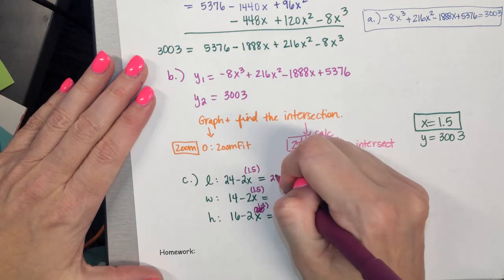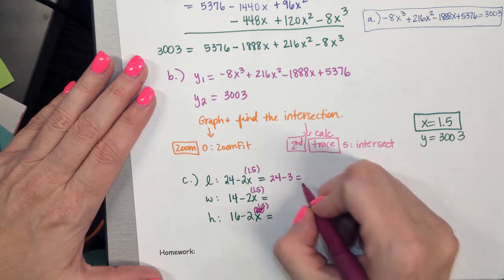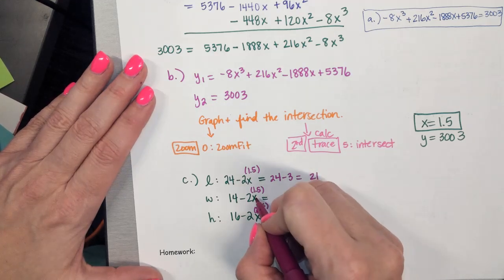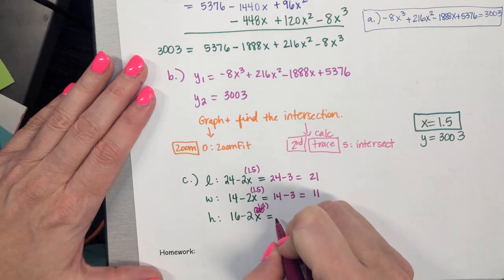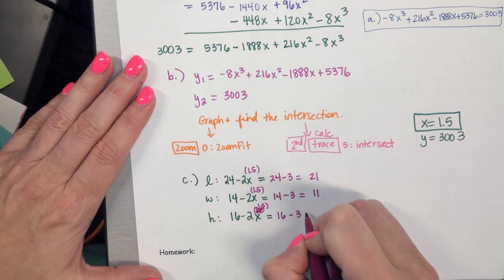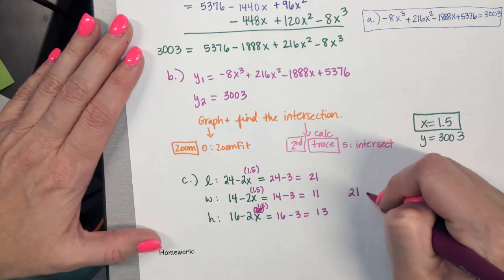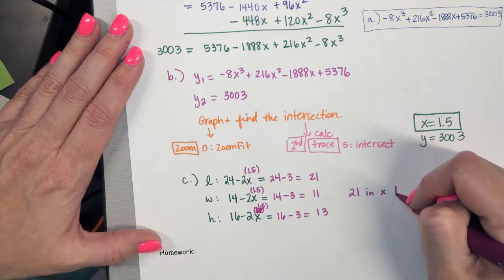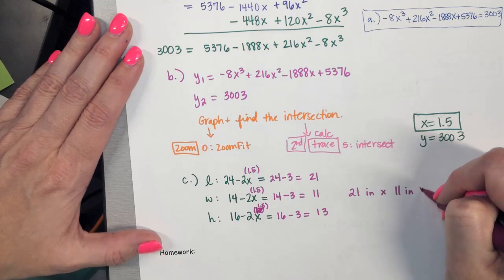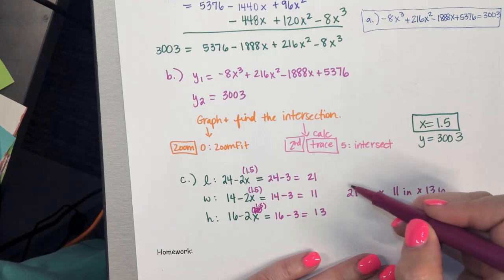So you're doing 24 minus 3. 2 times 1.5, so it'll be 21. Okay, 14 minus 3 would be 11. 16 minus 3 would be 13. This unit is in inches. So the dimensions are 21 inches by 11 inches, by 13 inches.